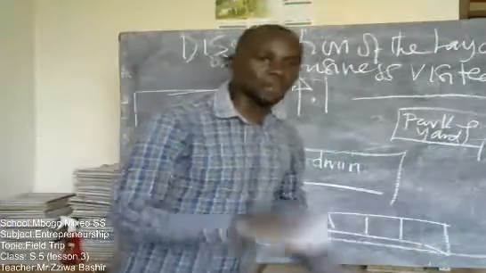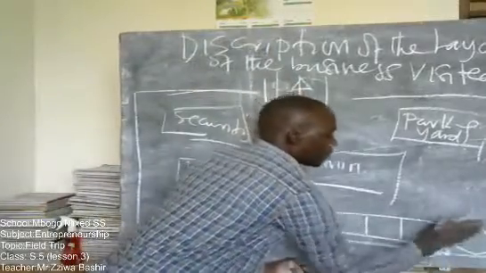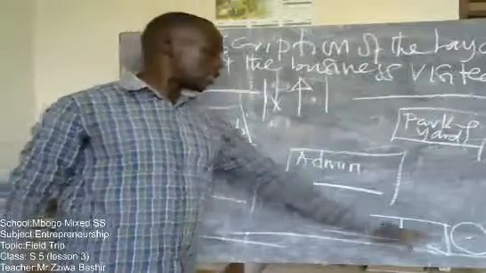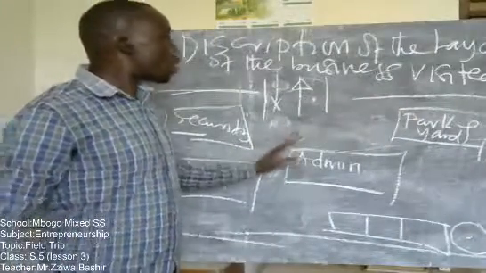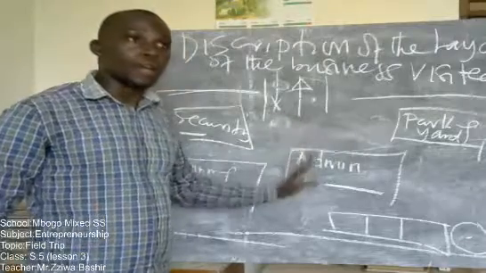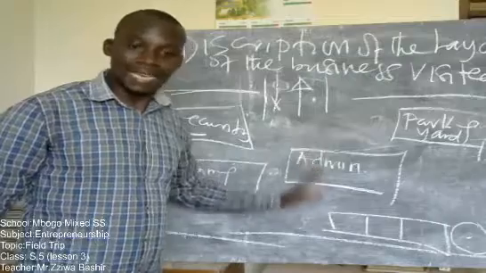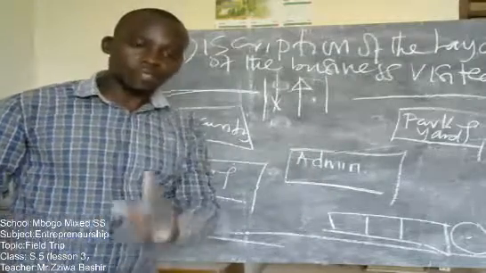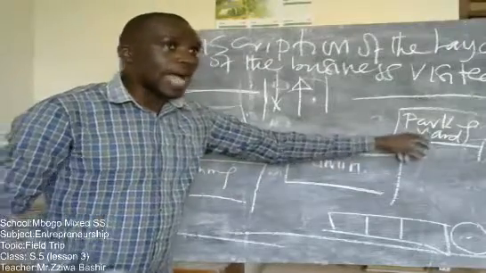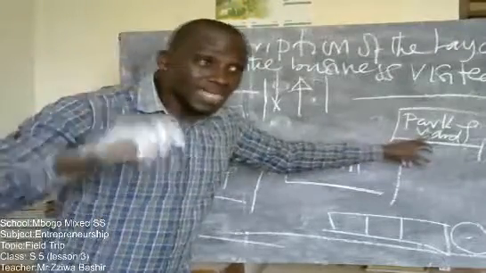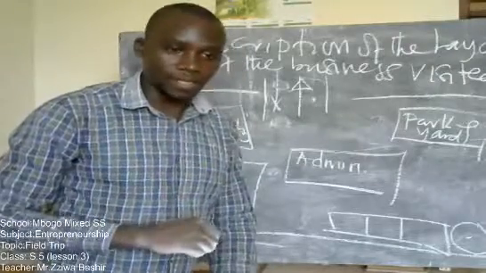Then we have the waste disposal ground, that pit placed right in the corner there. So this one is the preparation of a plant layout. But if we are asked to describe, we have to mention the key element and explain what is meant by that key element. What is the function of that key element?